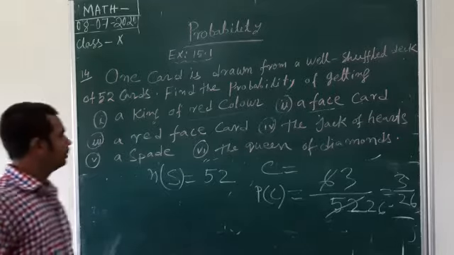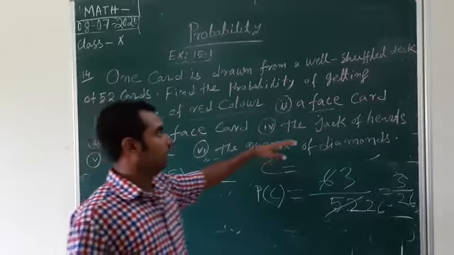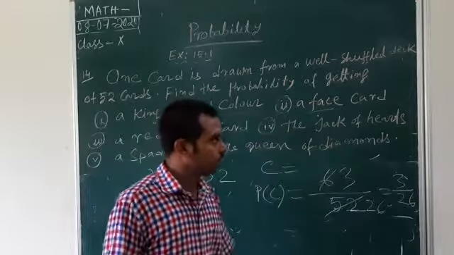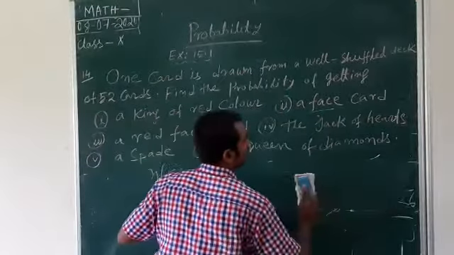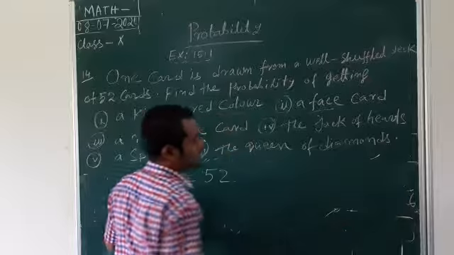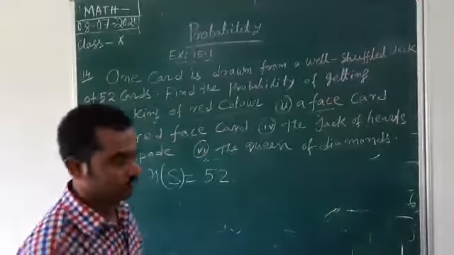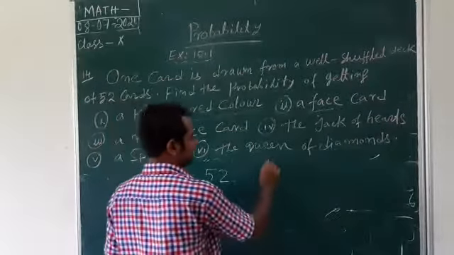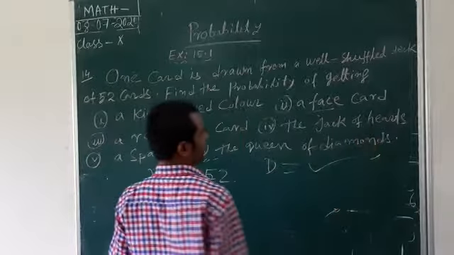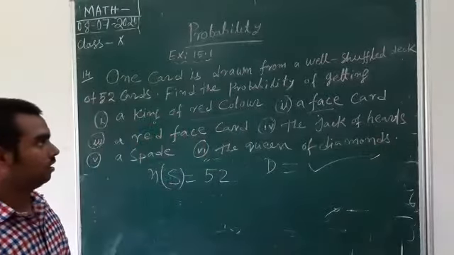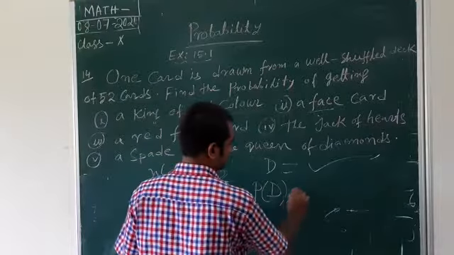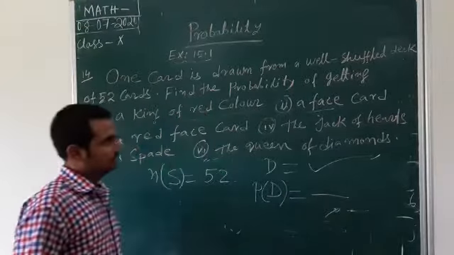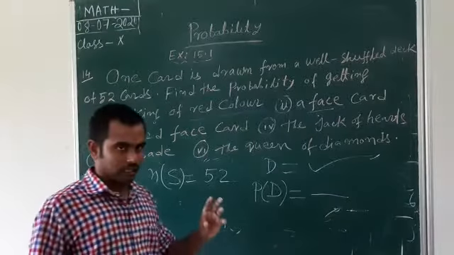Next, the jack of heart. Hearts contain only one jack. Suppose it is an event B, you write getting a jack of hearts. The probability of the event: how many jacks do heart cards contain?